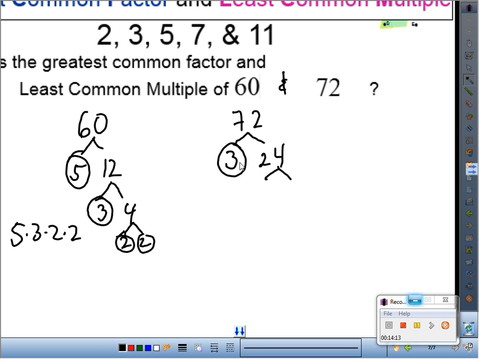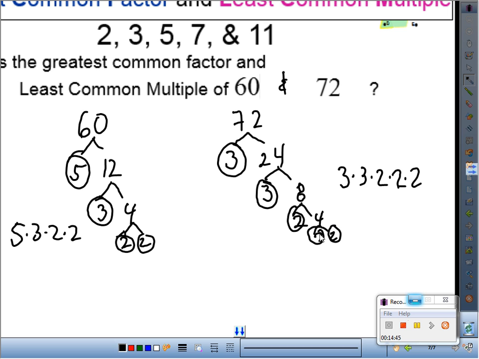Which of these? 3 times 8. How about 8? How about 4? 2 and 2. So my prime factors are 3 times 3 times 2 times 2 times 2. Are we there so far?